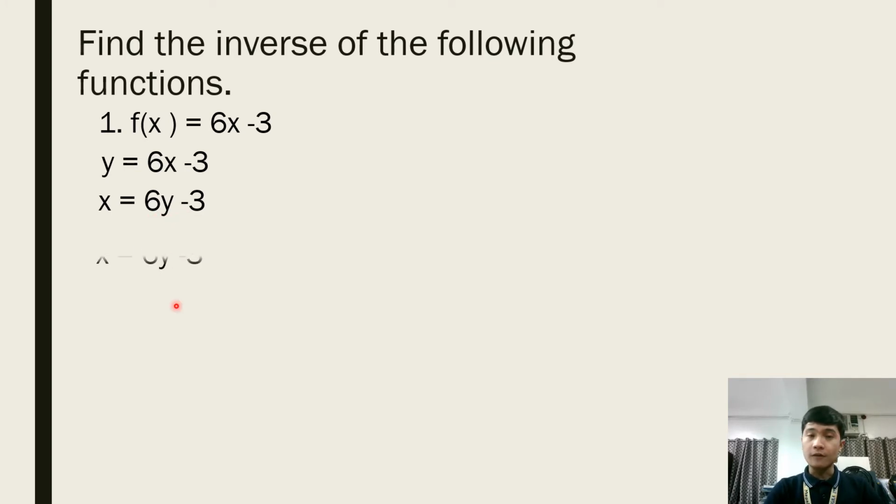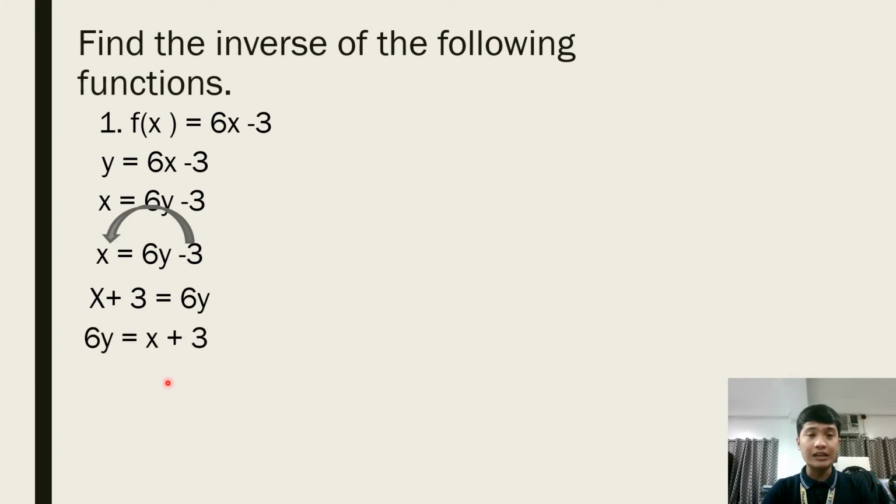So lilipat po natin si negative 3 doon sa kabila. Alam natin ang epekto niyan ay x plus 3 equals 6y. Para masadali po nating masolve yung function, isulat po natin sa ganitong itsura: 6y equals x plus 3. Pinagpalit ko lang, inayos lang natin.